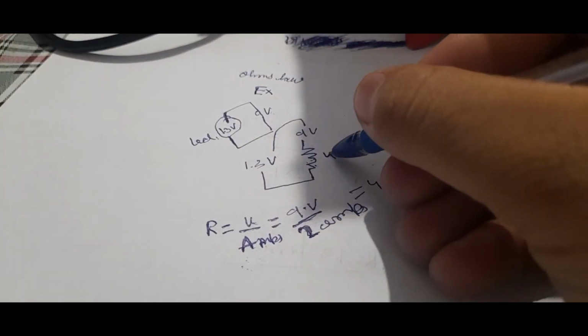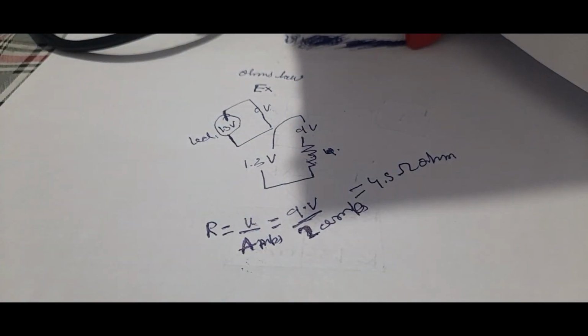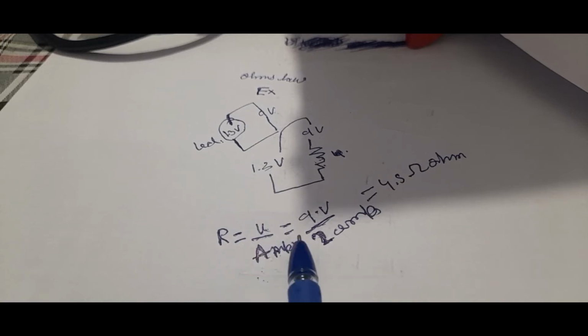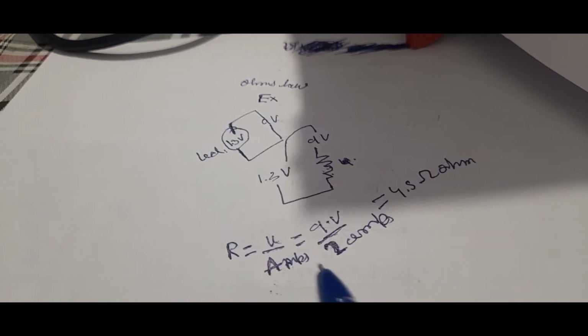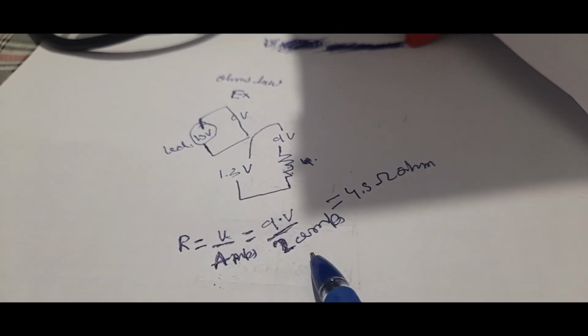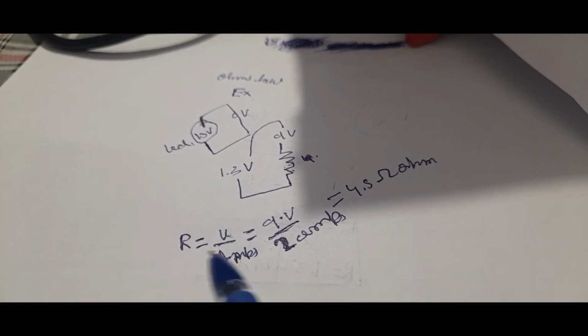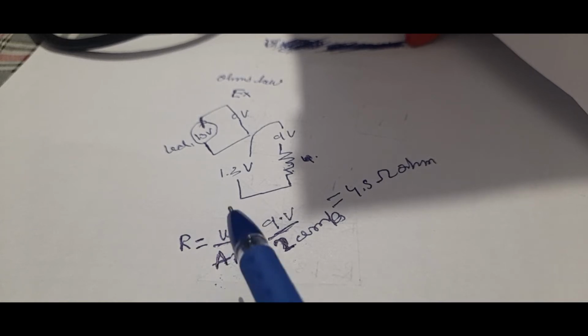But I have to find the value of the resistor. What value of resistor should I add there? The value of resistance will be, from the formula, volt upon amps. It will be equal to 9 volts upon 2 amps. Here V is for volt, and amps is for amperes, or current.